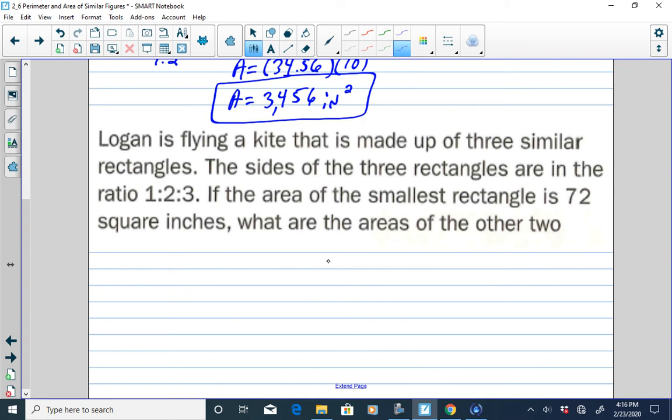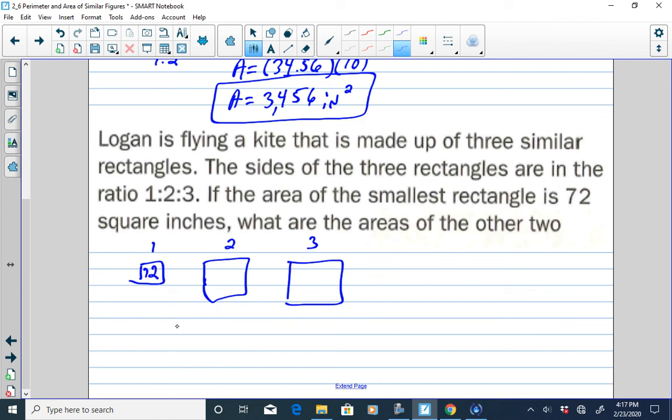Well, let's see. Once again, a little sketch to help me out here. So that's 1, that's going to be my 2, that's going to be my 3, my 3 rectangles. And we know that we're in a ratio of 1 to 2 to 3. The area of the smallest is 72, so I'm going to put a 72 here to just help me see it.